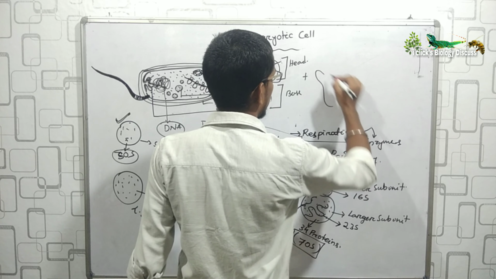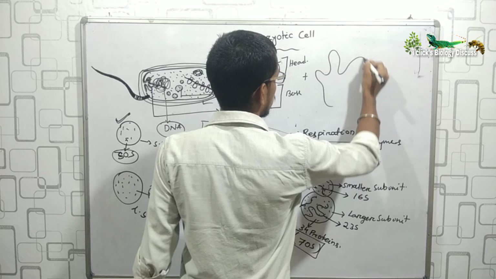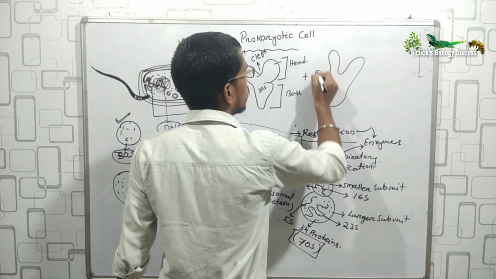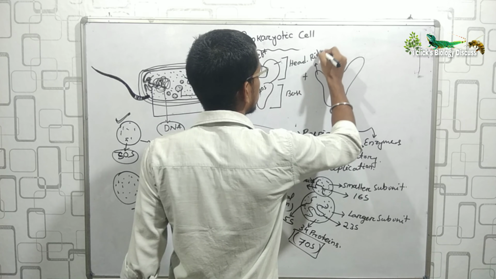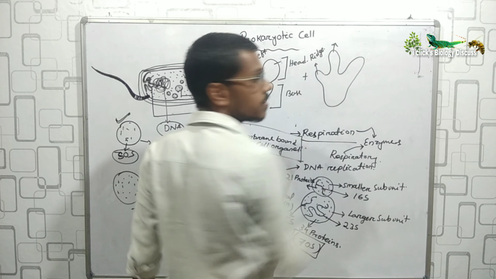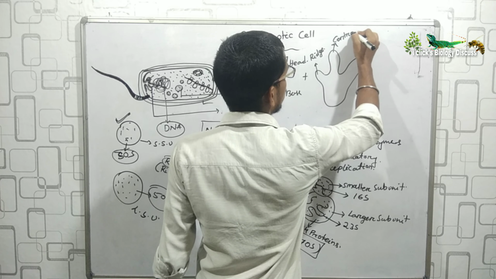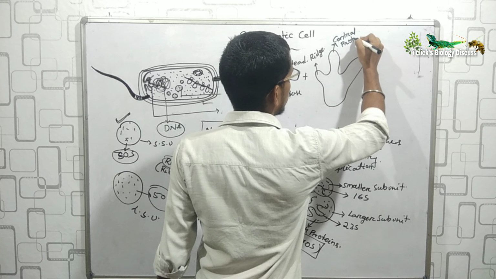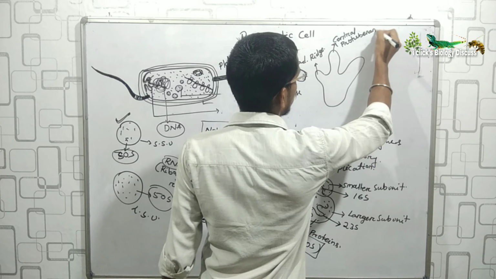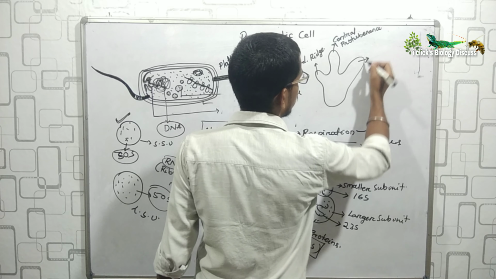There are three different parts. Okay, this part is the ridge, this is the central protuberance, and this part is called the stalk.